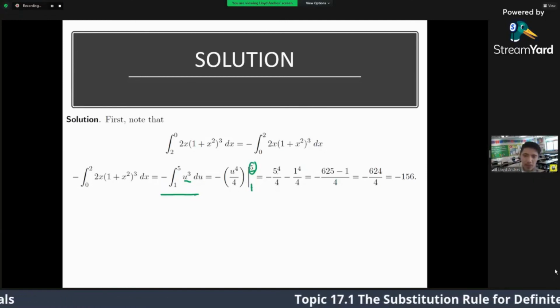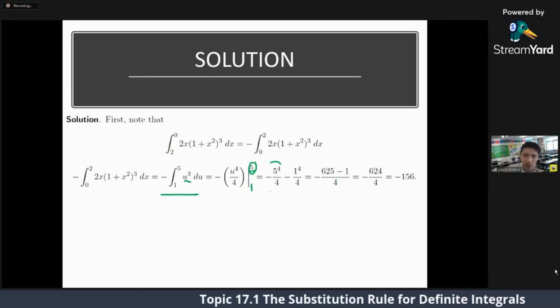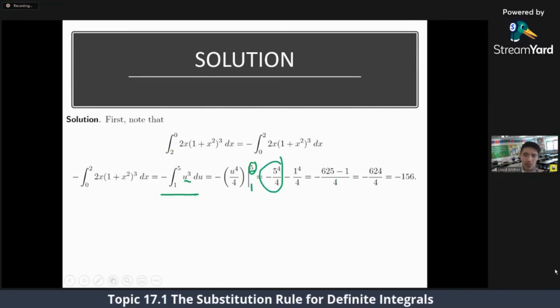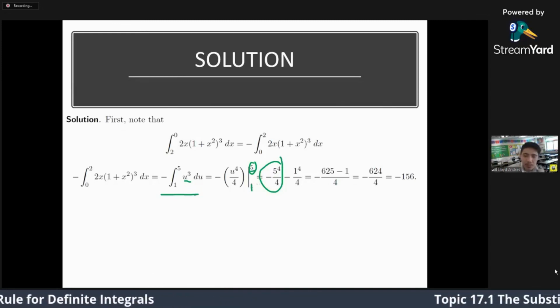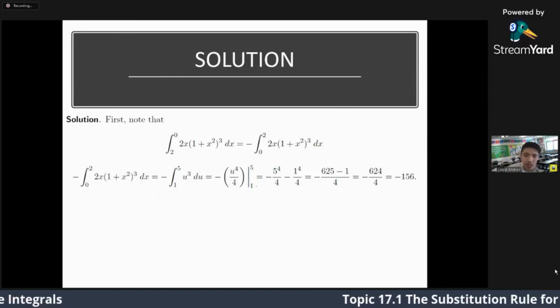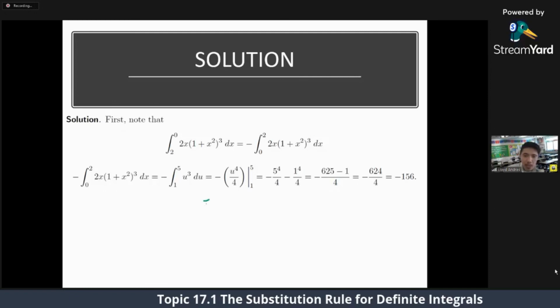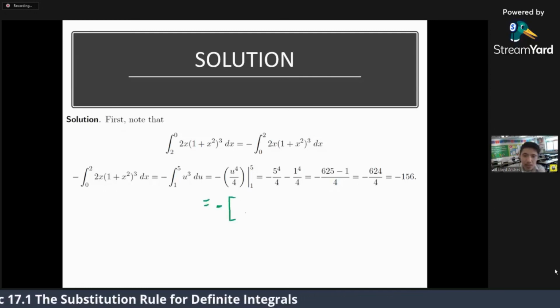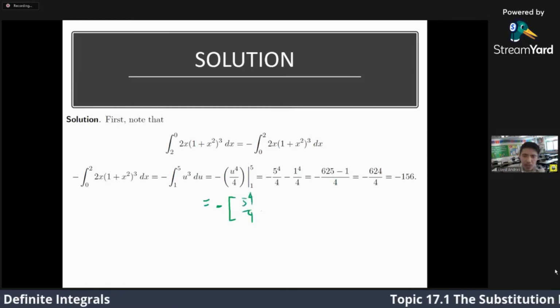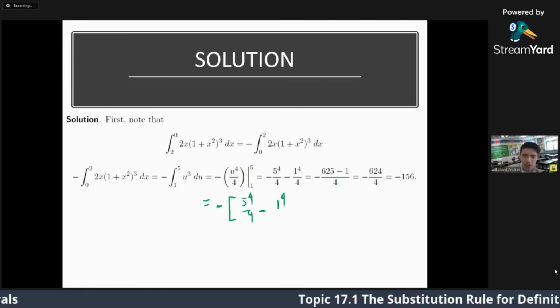So 5 raised to 4 over 4, minus 1 raised to 4 over 4, and the negative sign stays outside.